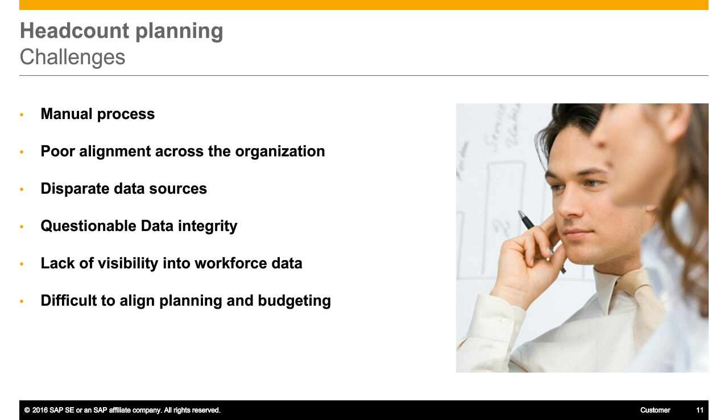The accuracy of budgets and forecasts are sometimes called into question. There's a lack of visibility into workforce composition and cost. And finally, it's difficult to consolidate planning and budgeting across the organization.